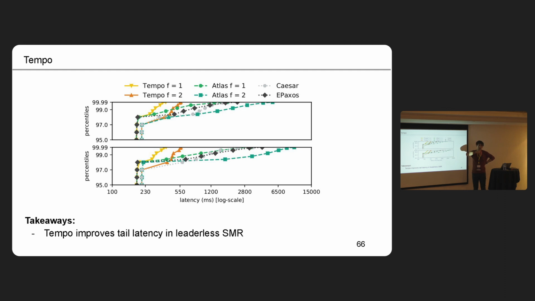Efficient reads also, using the semantics of the application, maybe is interesting. What we have tackled and have not presented here is partial replication, because we have a variation of Tempo for partial replication. This is an interesting direction also. Yeah, questions like that, or open problems.